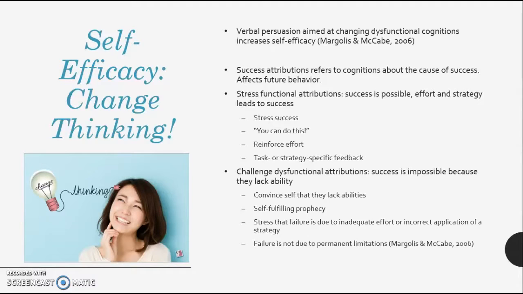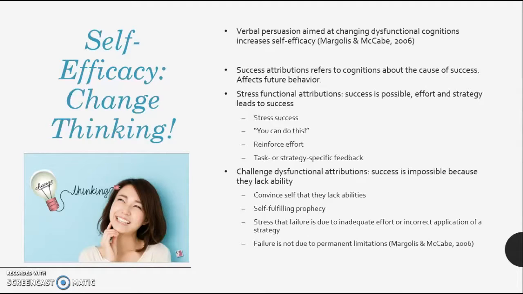We also want to challenge dysfunctional attributions, such as the belief that success is impossible because they lack ability. When students believe that they lack ability and that success is impossible, it becomes a self-fulfilling prophecy. So we want to stress that failure is due to inadequate effort or incorrect application of a strategy.